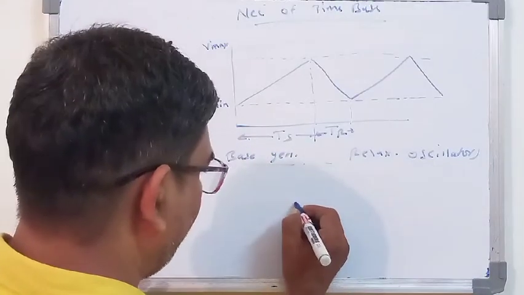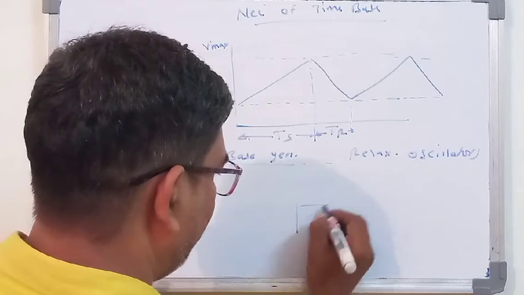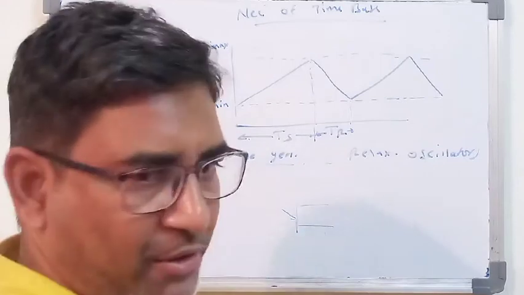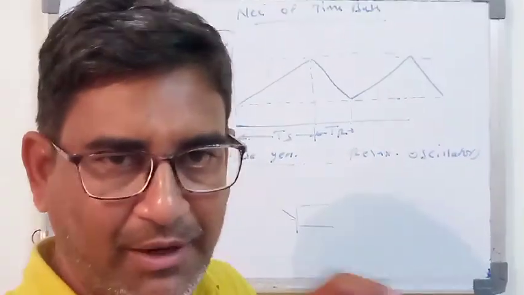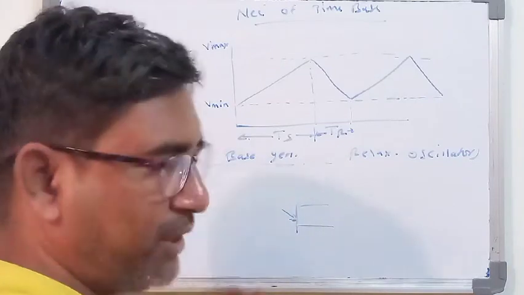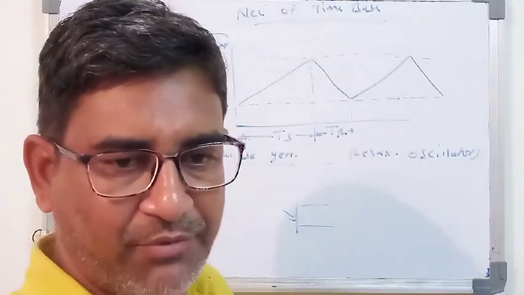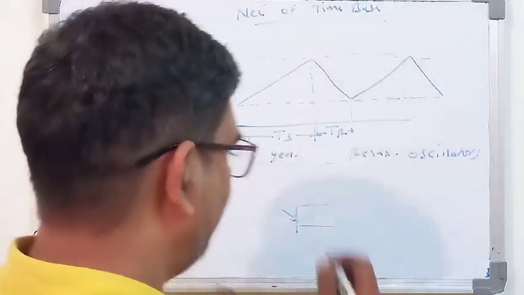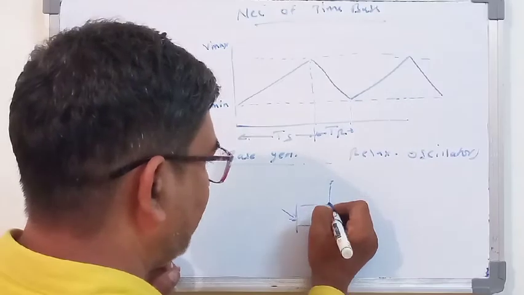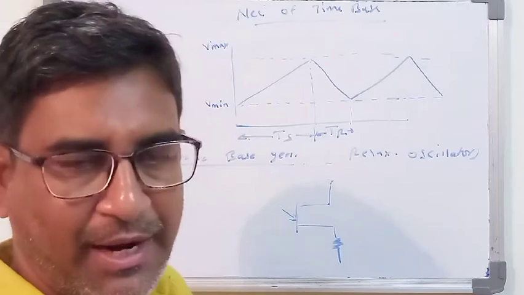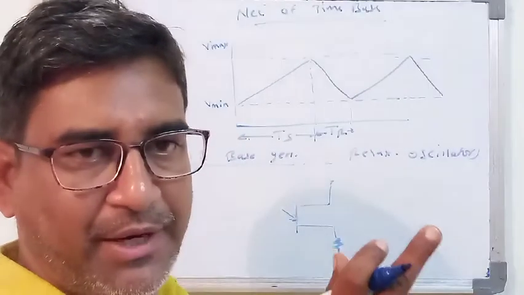So here is the symbol for the UJT like this. Whether it is NPN or PNP, we indicate it with the arrow. Okay, the simple UJT we have drawn. At base 1 and base 2 we are going to connect the resistances like this, and the whole thing is connected with the RC network.